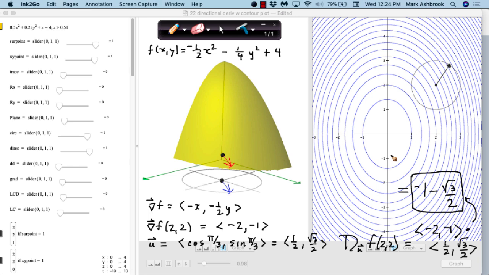Okay, so does it have to be 1 unit in the direction of pi over 3? Any direction, any amount of movement in that direction. Right. Given any change in the direction of pi over 3, z will change by how much? This amount times as much as how much you decided to move in that direction, right?